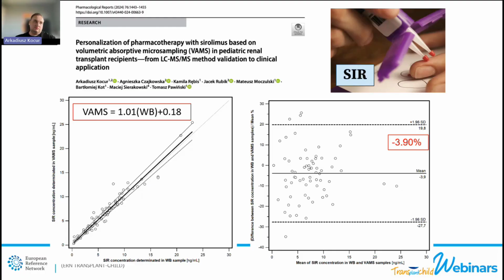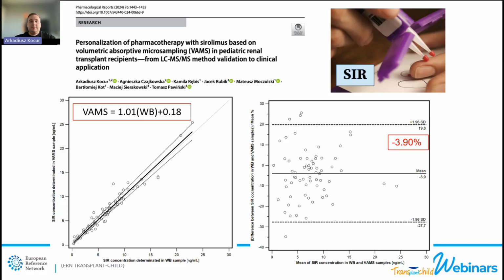Sirolimus is a rare drug used in pediatric transplantation, but we found a few patients, and we introduced microsampling in patients under sirolimus treatment after renal transplantation, and the situation was the same as with cyclosporin A and tacrolimus.